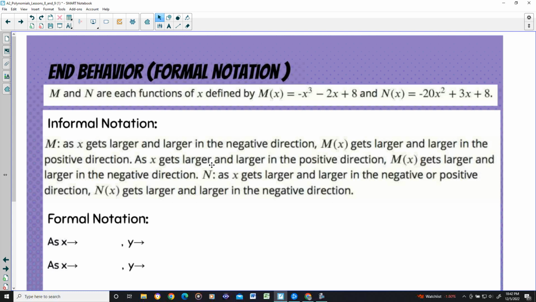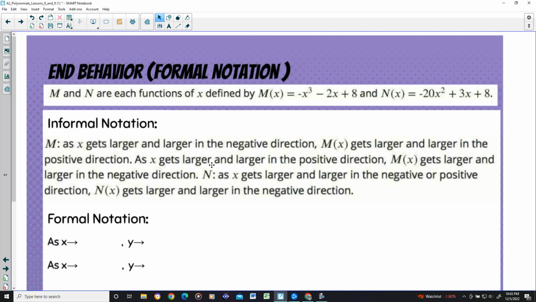That is a mouthful. But guess what? We have a word that references larger and larger. And actually, we have a symbol for numbers that get larger and larger and larger. And that symbol is infinity. So we can actually shorten this whole statement by using infinity.